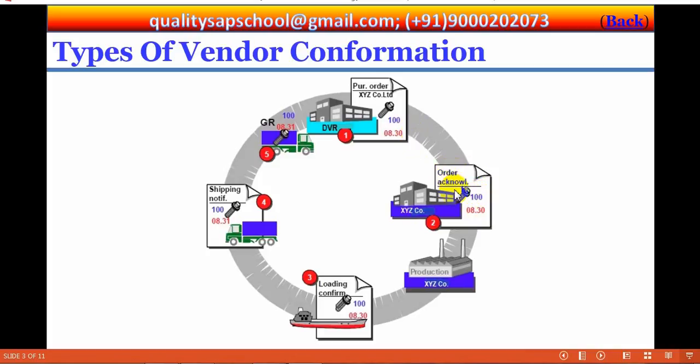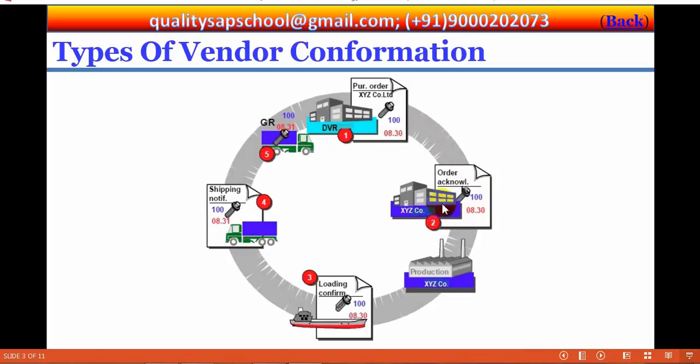That means he has not yet supplied, he is confirming that yes, I have received your purchase order. That is one kind of vendor confirmation to the customer. Here the customer is the buying company.